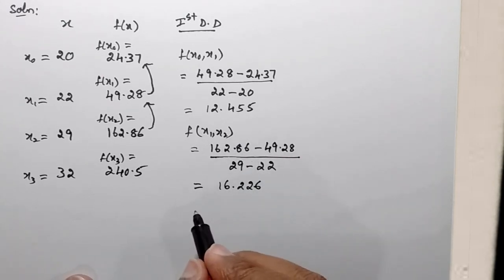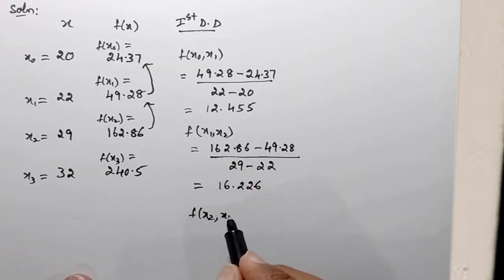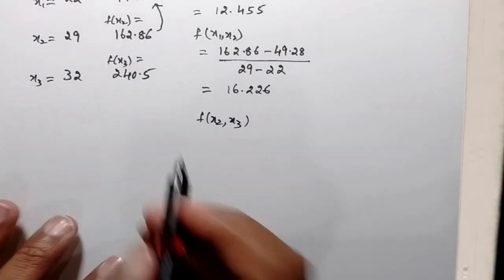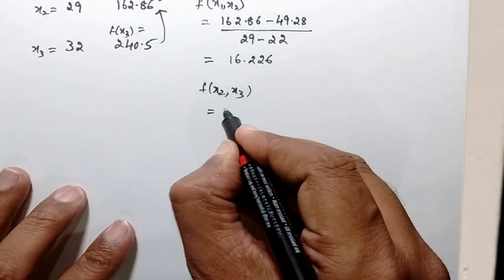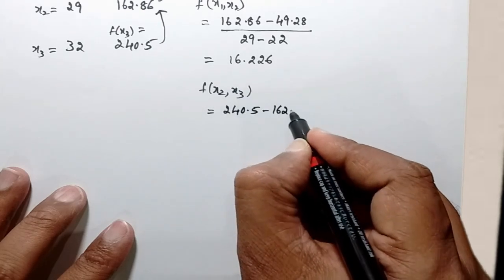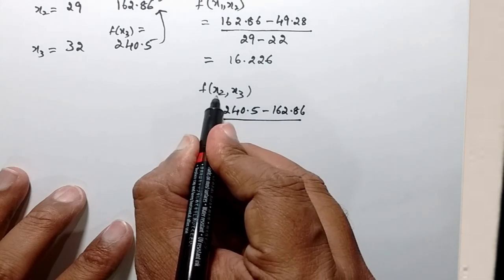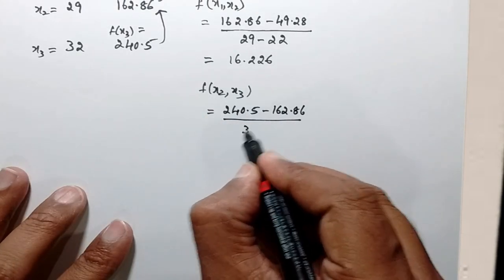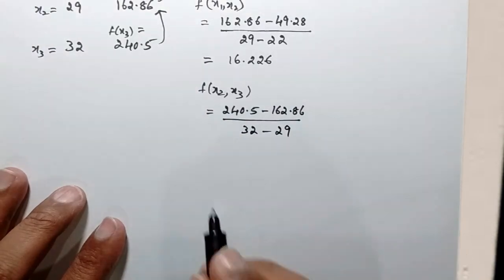So next divided difference will be f of x1 is there, it will be x2, x3. So now it will be the difference of these two values. What will be getting? 240.5 minus 162.86 divided by how much? This x3 minus x2. x3 value is 32 minus x2. x2 value is 29.